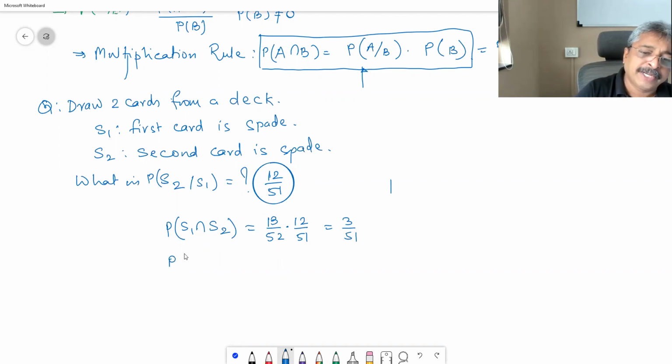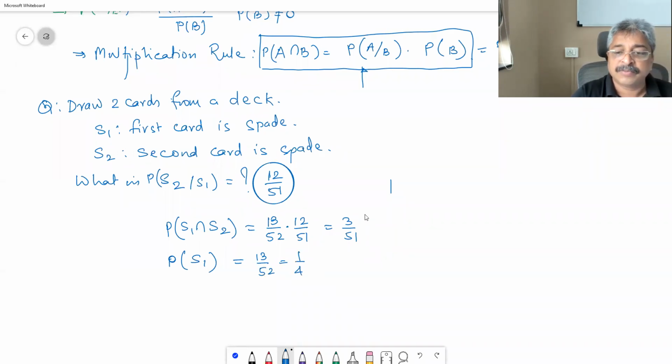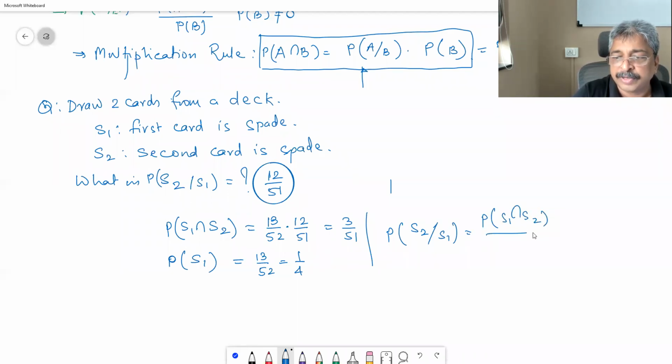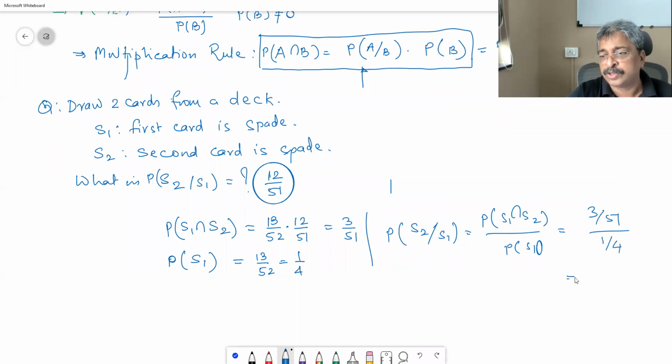And what is probability of S1? Probability of S1, first card is spade, is 13 upon 52, which is 1/4, and therefore probability of S2 given S1 is equal to probability of S1 intersection S2 divided by probability of S1, which is equal to 3 upon 51 upon 1 upon 4, which is equal to 12 upon 51.